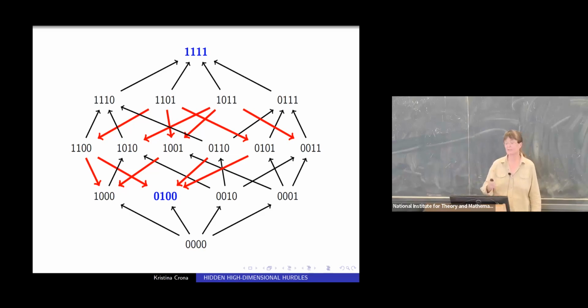In this case, 1111 has the highest fitness, 0000 has the lowest fitness, and what do I mean by red arrows? Can someone guess what I mean by red arrows? Ones that aren't black. I have to be able to say what arrows are marked red.